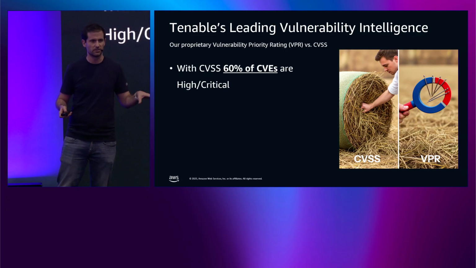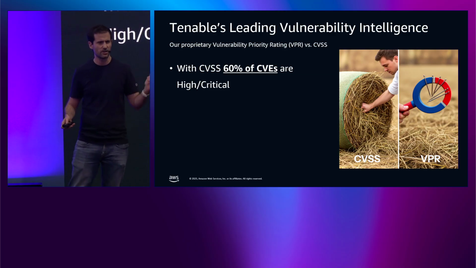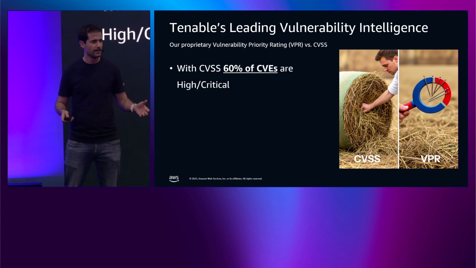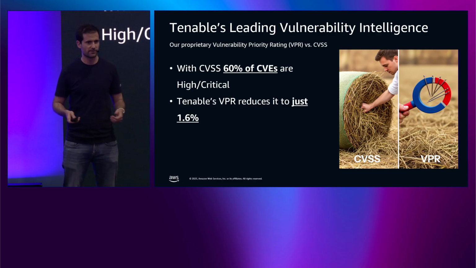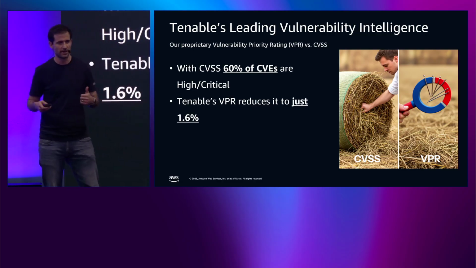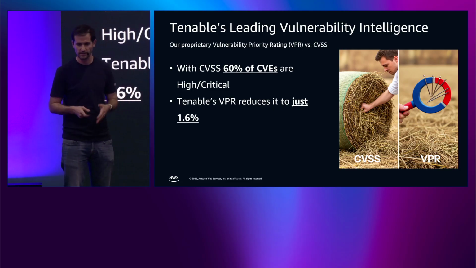CVSS isn't really good at doing that. 60% of CVEs have CVSS that is high or critical. So basically, you can't prioritize based on CVSS. And with Tenable's vulnerability priority rating, our proprietary scoring for CVEs, it's more than an order of magnitude lower than that. So it's really easy to know what you should do first, where to focus.